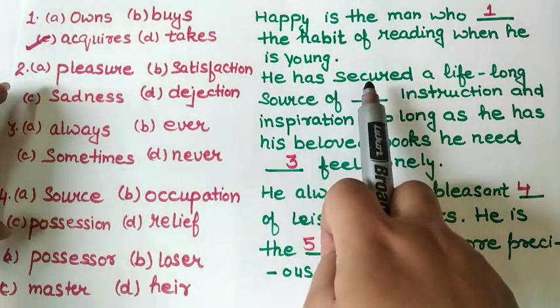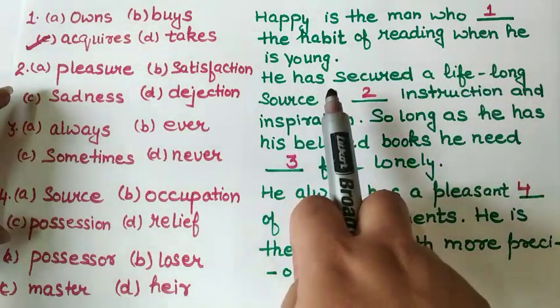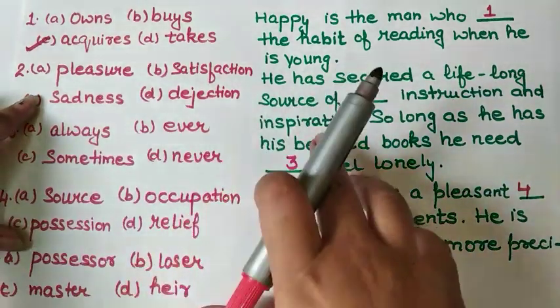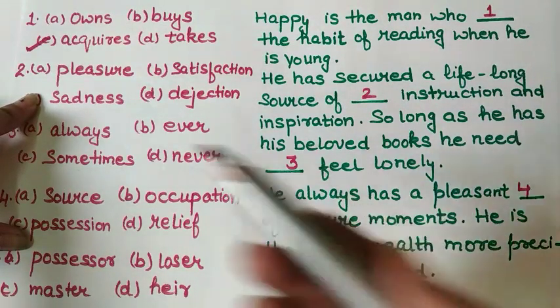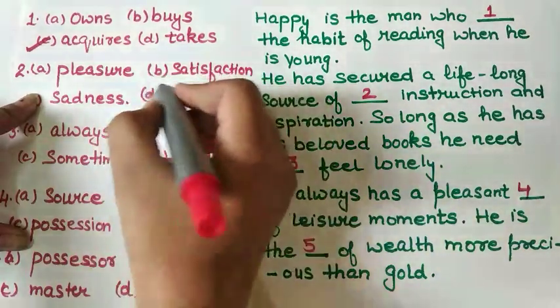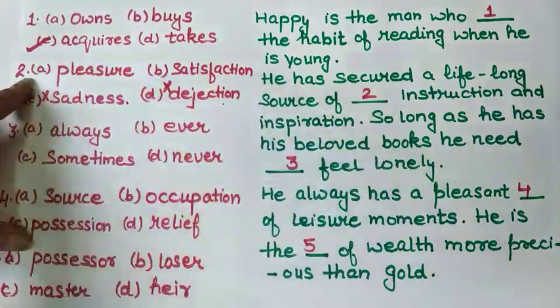He has secured a lifelong source of. We will not be willing to have a lifelong source of sadness and dejection. So I will cut these two. Next we have pleasure and satisfaction.